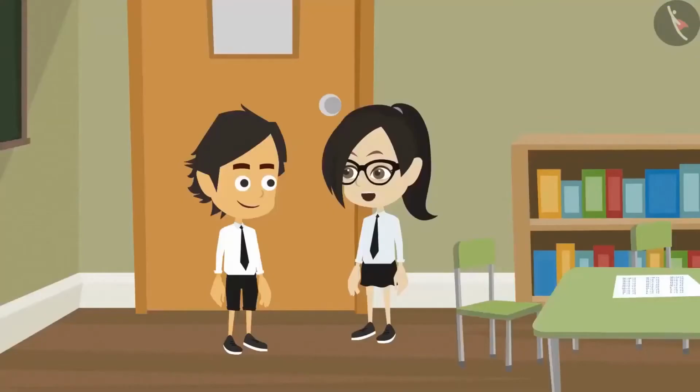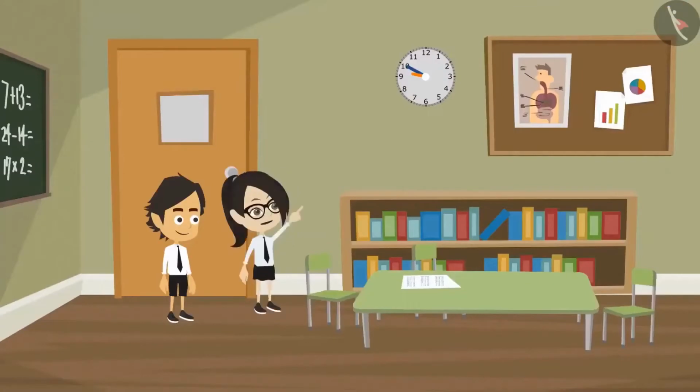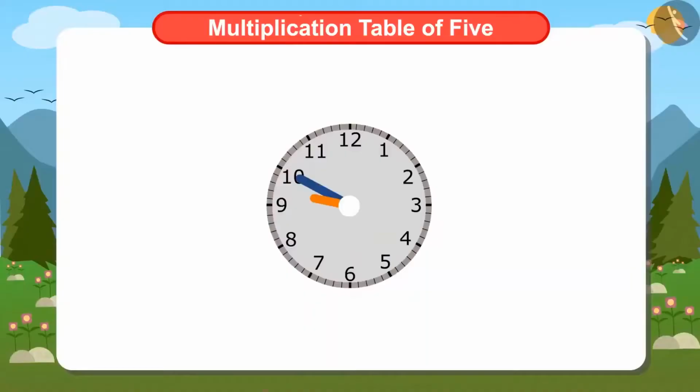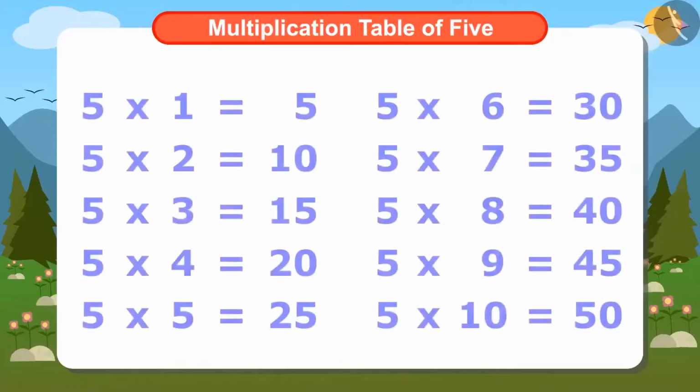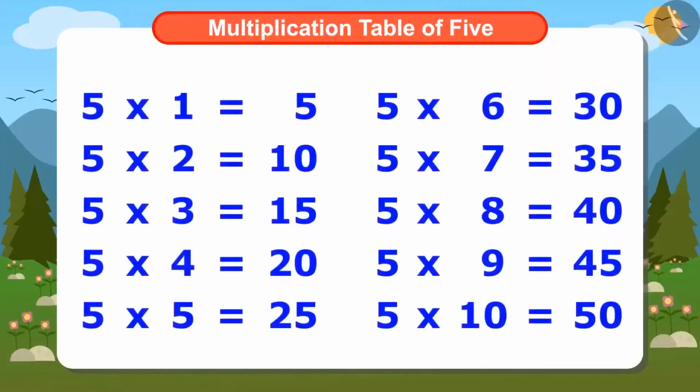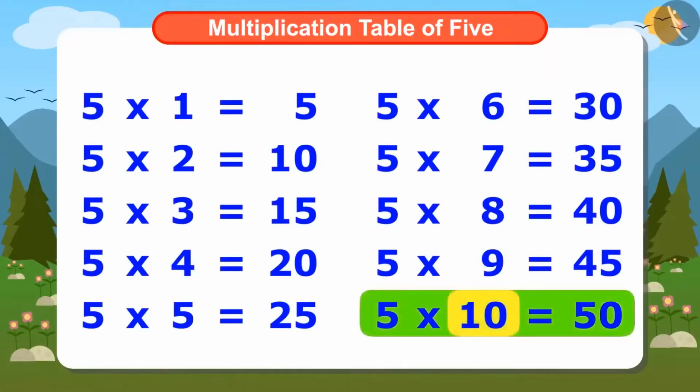If it is so easy, why don't you tell how many minutes the clock is showing? Look, the minute hand is on the 10 right now, this means it is 50 minutes. How? Look at the multiplication table of 5. 5 times 10 is 50. In the multiplication table of 5, 5 multiplied by 10 is 50.